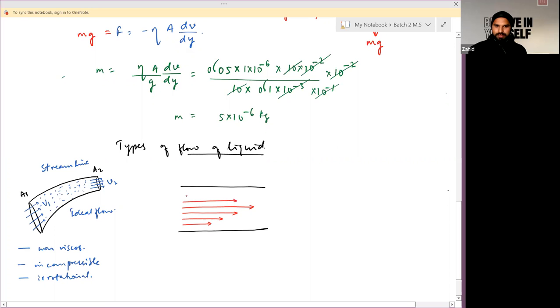Similarly, along this direction, the centralmost layer will move with the highest velocity and the edge layers will move with the slowest or least velocity. So this type of flow is called laminar flow.